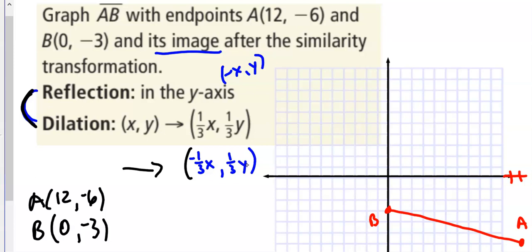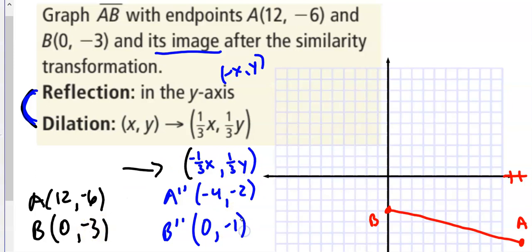Negative a third times 12, a double prime, because there's two of these happening here, would be negative 4, and then take my y and multiply by a third, so I'd get negative 2. Same idea here, so that would simply be 0, because 0 times anything is itself. Negative a third times a third would give us negative 1.